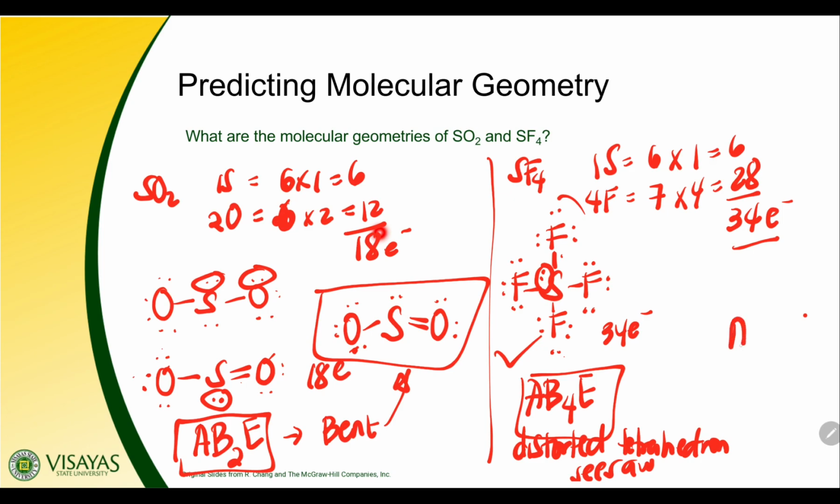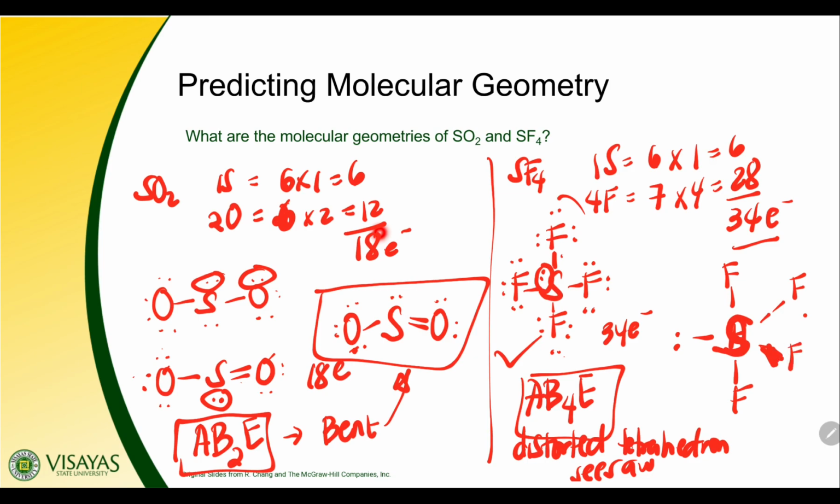We have A in the center, or instead of A, we use the sulfur. So this is S, and then we have F, another fluorine atom. We have our lone pair here, and then we have one fluorine atom at the back and another fluorine atom at the front.